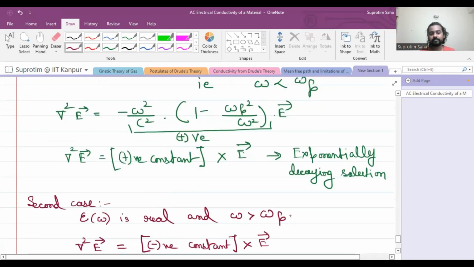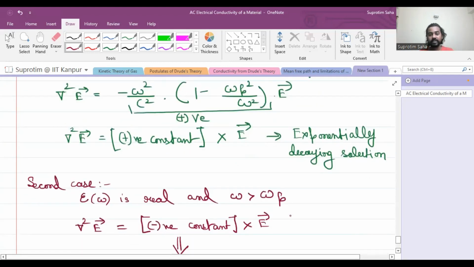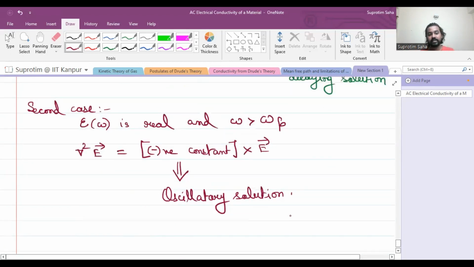What happens then? For an electromagnetic field trying to penetrate into a material, in the first case it won't be able to, because it will decay at some point given by the skin depth. But in the second case, where the dielectric constant is real and omega is greater than omega p, there's an oscillatory solution and the electromagnetic radiation will propagate inside the material.